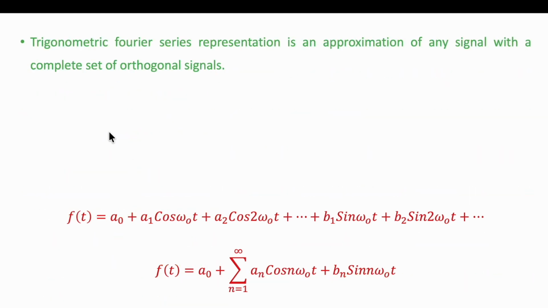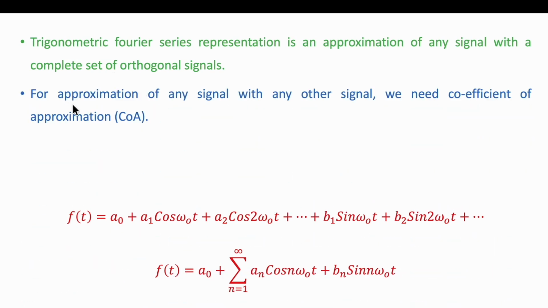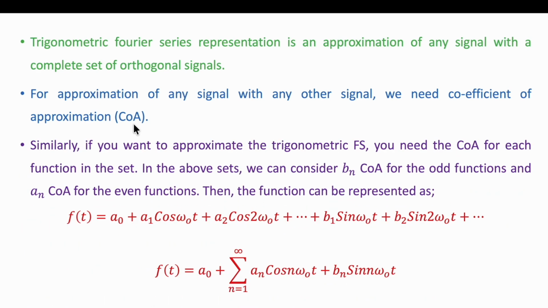So the trigonometric Fourier series representation is an approximation of any signal with a complete set of orthogonal signals. Just as approximating any signal with another signal needs a coefficient of approximation, COA, similarly, to approximate using the trigonometric Fourier series, you need the coefficient of approximation for each function in the set.